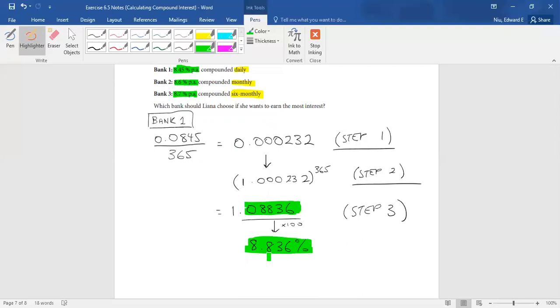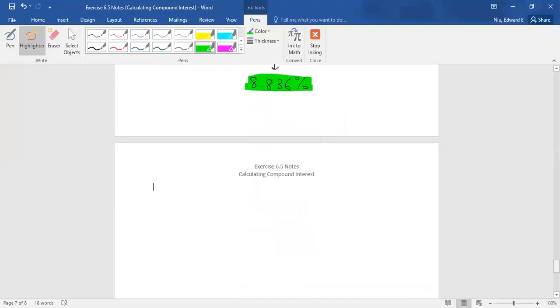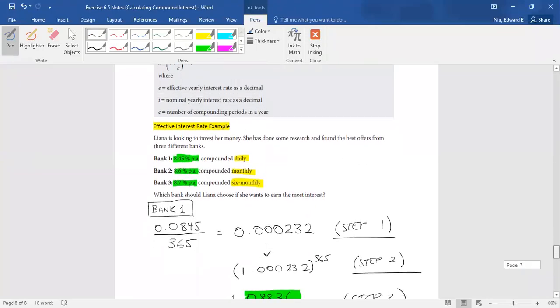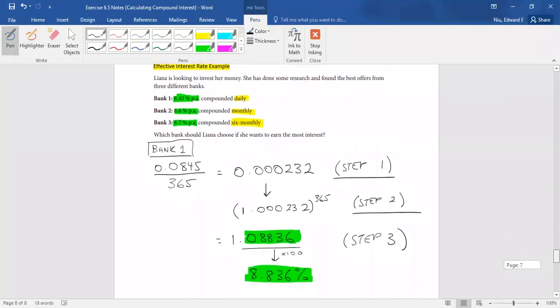The next one is 8.6% being compounded monthly. So Bank 2, 8.6% monthly.